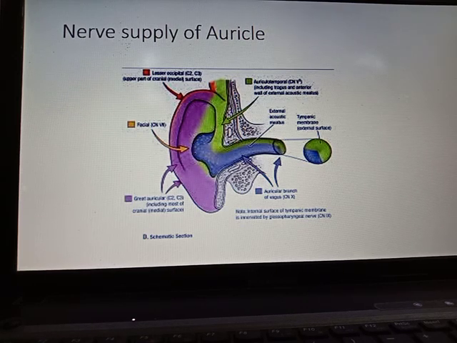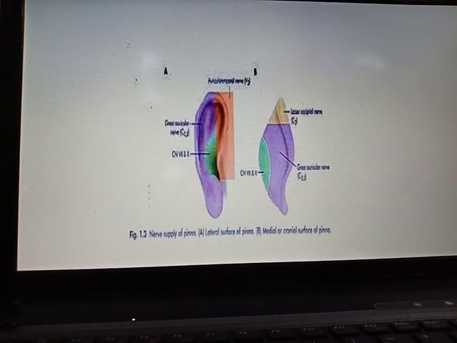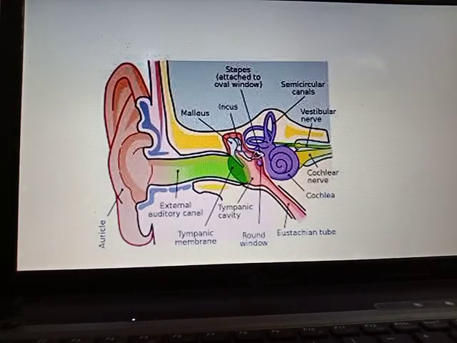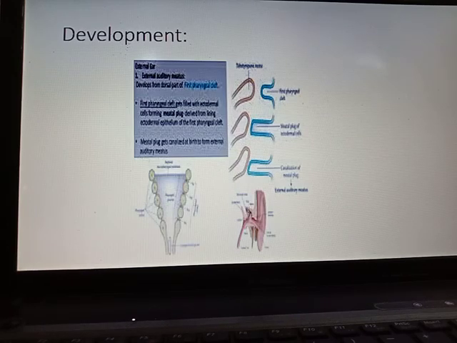Then come to the development. Though this diagram is not clear, you should keep in mind that it is ectodermal in origin and developed from the depressed first branchial cleft.